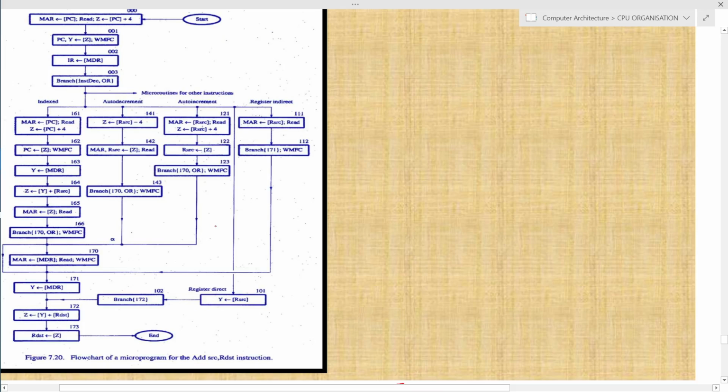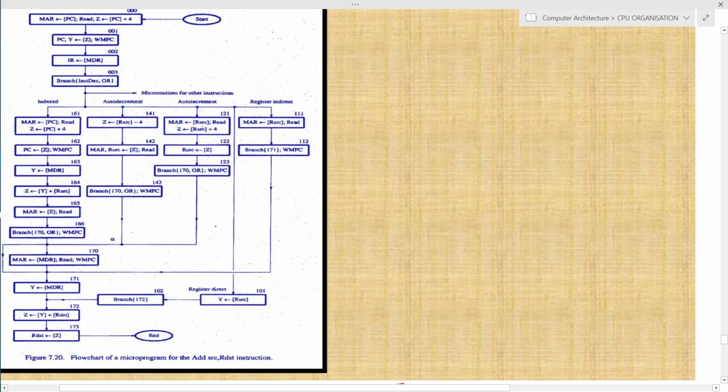But this source and destination address part basically depends upon how you are getting the operand. So here the operand can be available depending upon the addressing mode. It may be indexed, or auto decrement, or auto increment, or register indirect. So these four ways are available for this example.